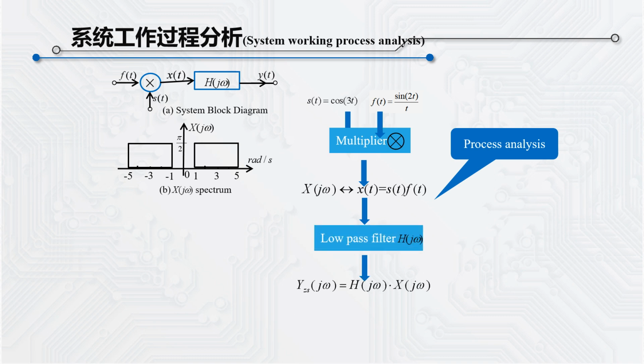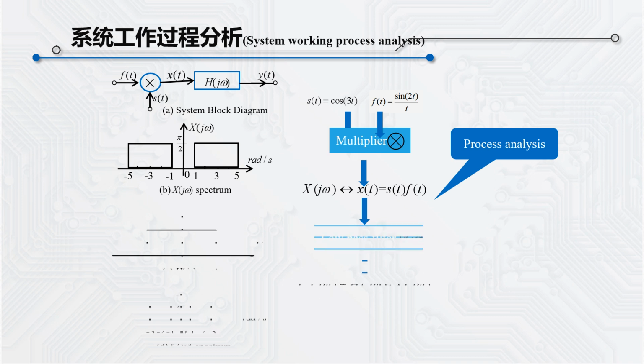Then x(t) gets its output y_zs(t) after passing through the low-pass filter. For this low-pass filter, its input is X(j omega), and its output is Y_zs(j omega). So Y_zs(j omega) is equal to H(j omega) times X(j omega). This is the result of the convolution theorem in time domain.